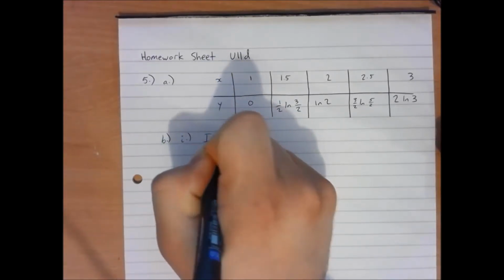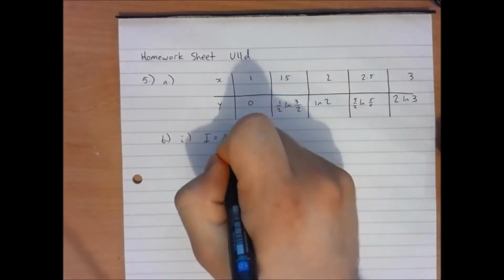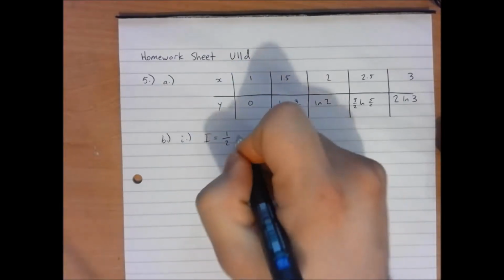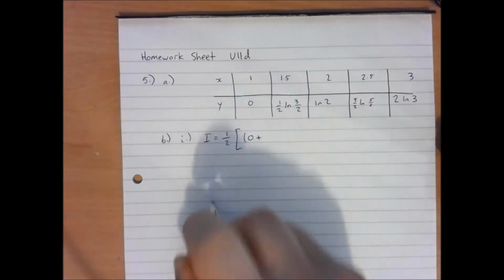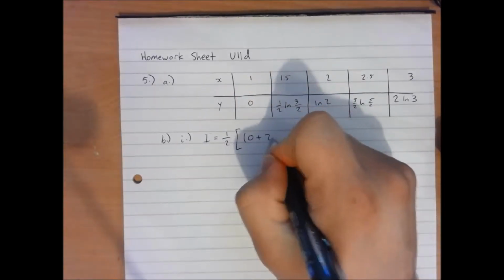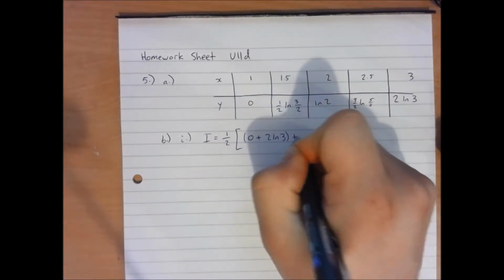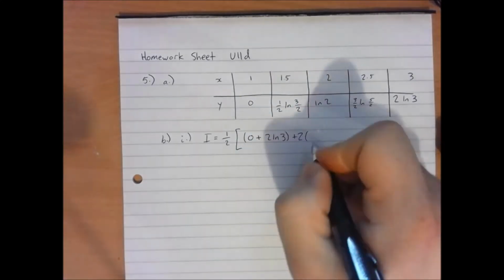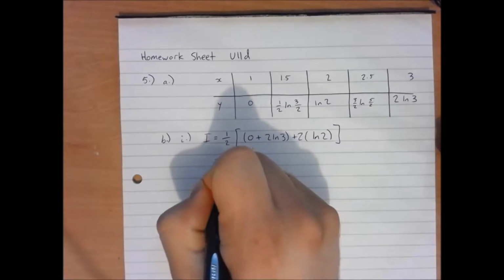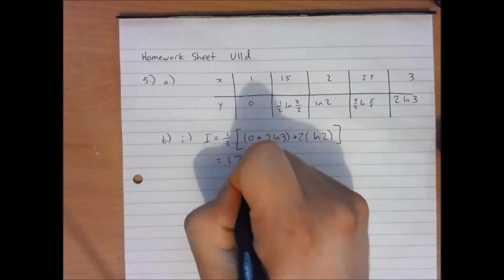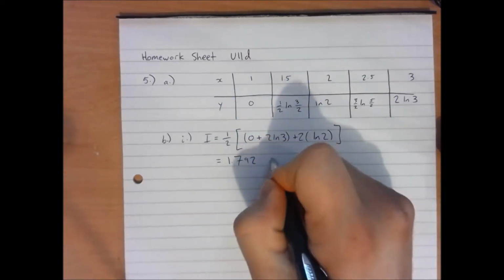Our integral then is h over 2, so 1 over 2, lots of first term, 0, plus last term, 2 log 3, plus 2 times all the terms in between them. There's only one this time, log 2. And if we put that into a calculator, we get 1.792 to 4 significant figures.